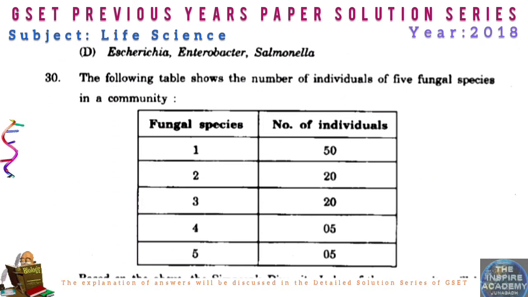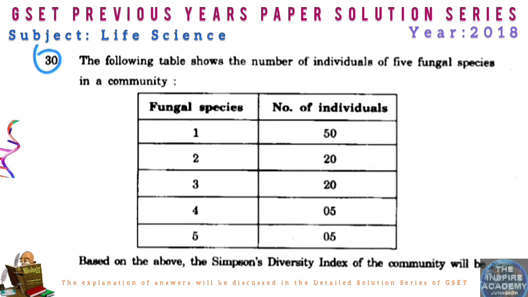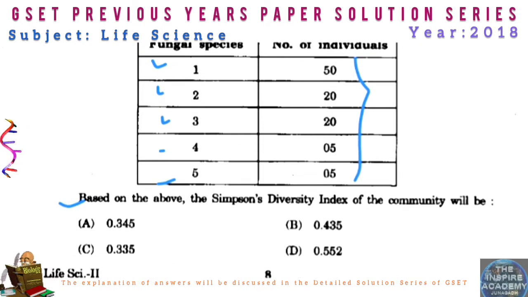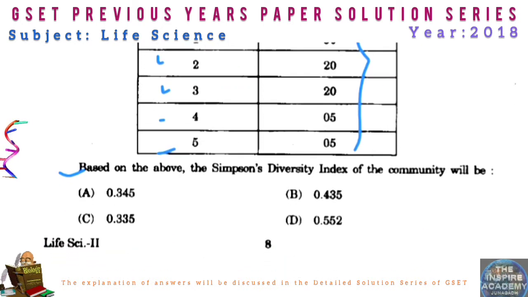Question number 30. The following table shows the number of individuals of 5 fungal species in a community. 5 fungal species are given and their individual number is given. So, based on the above data, the Simpson's diversity index of the community will be.